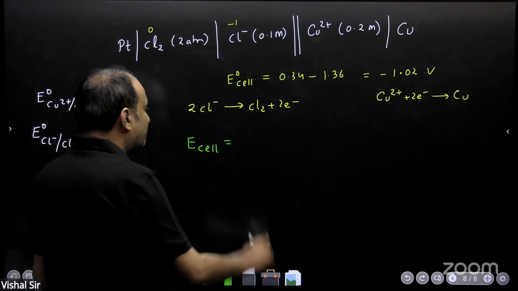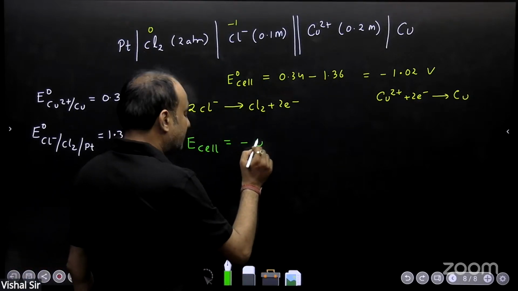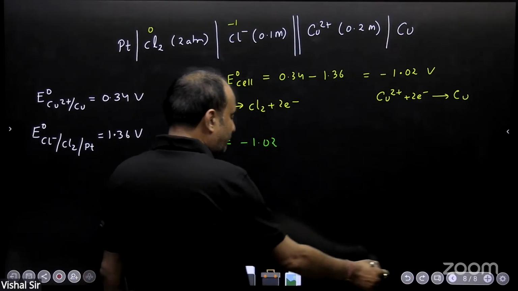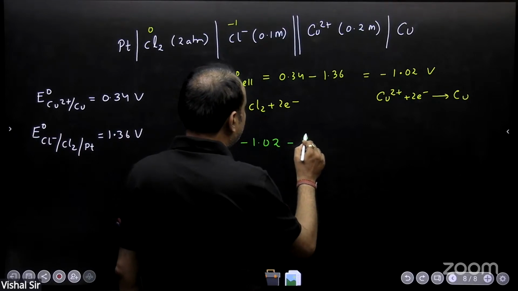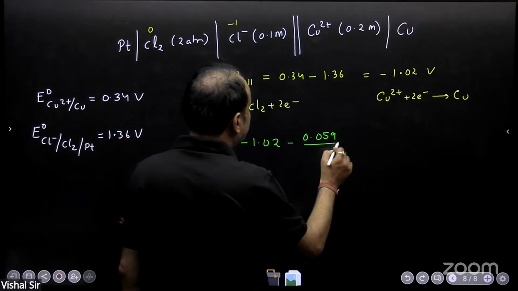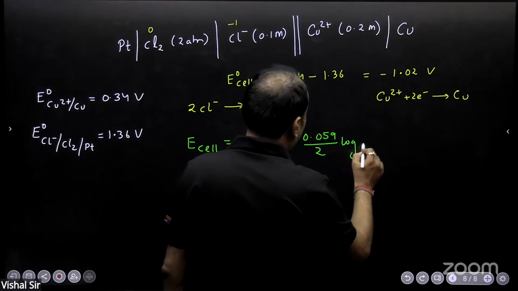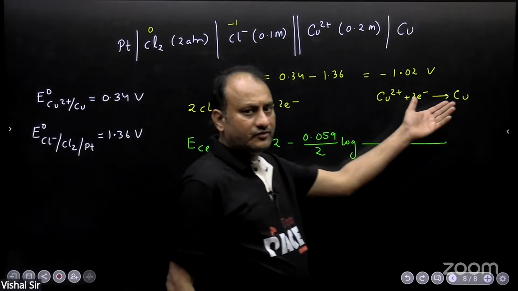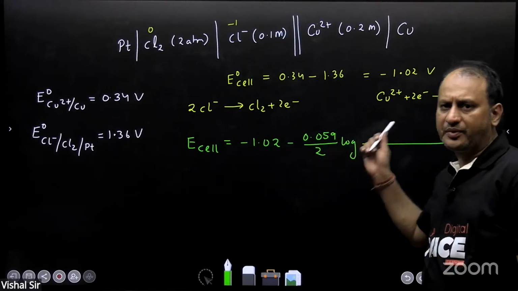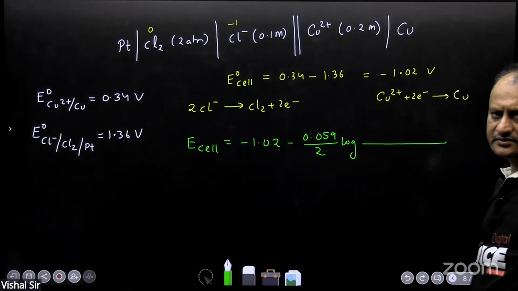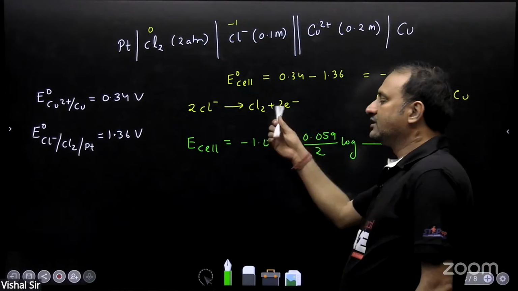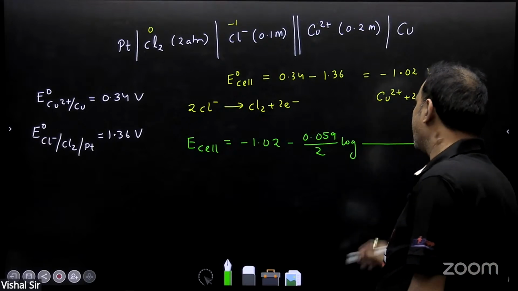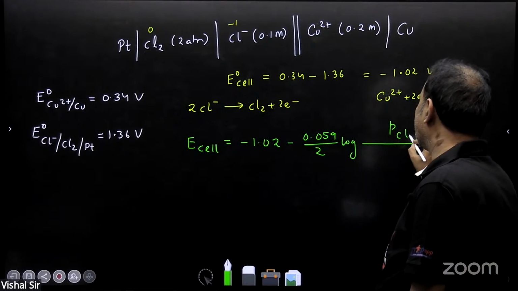And now let's calculate E cell. E naught cell we have already got, minus 1.02 volts, minus 0.059 by N factor 2, log Q. For the copper half cell, the product is solid copper, whose active mass is 1. For the chlorine half reaction, the product is chlorine gas, so I will take the partial pressure of chlorine gas.